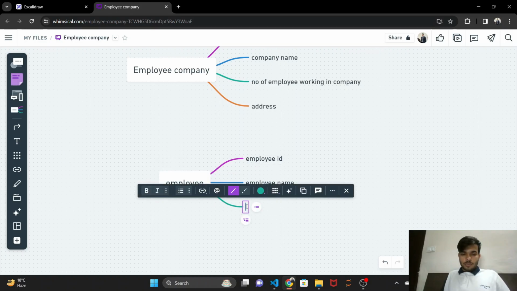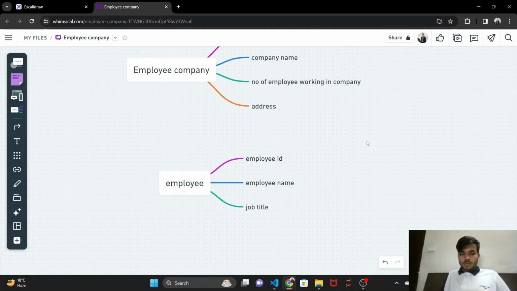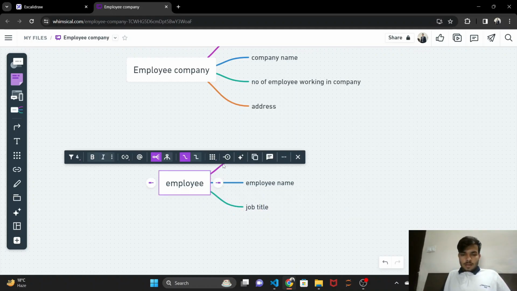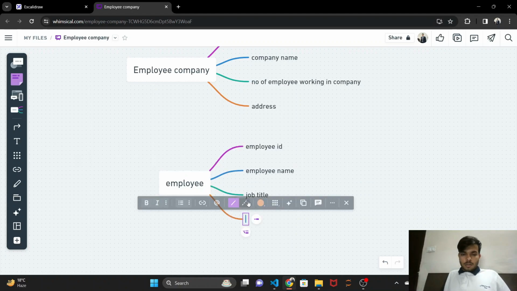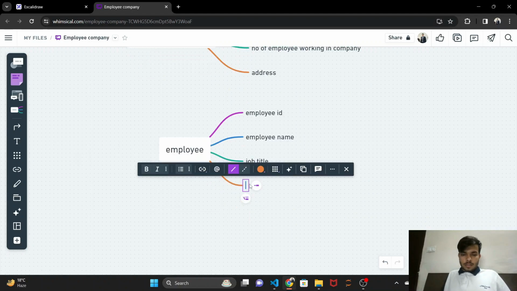And another attribute here can be job title, the post on which the employee is working.